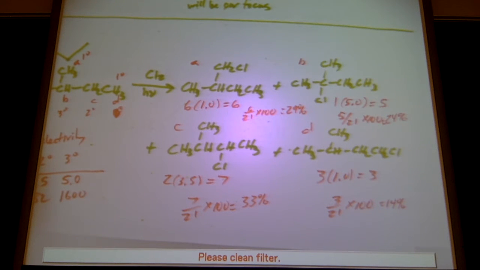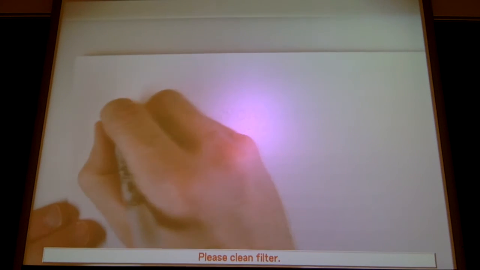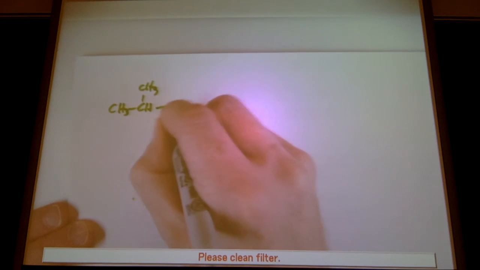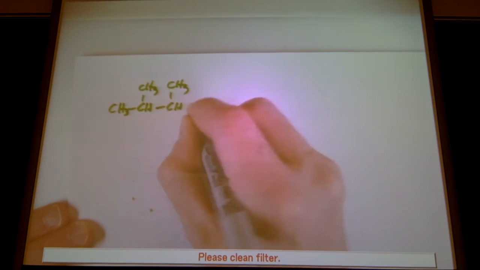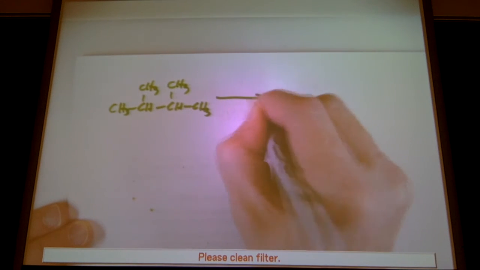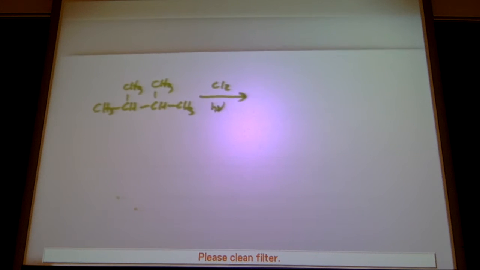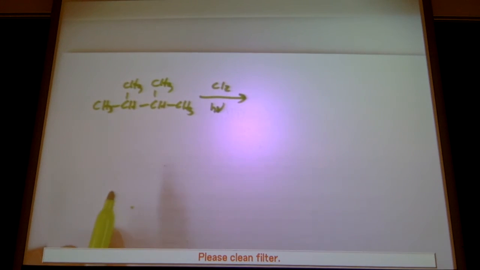It says calculate the product ratio for the chlorination and bromination of 2,3-dimethylbutane. Well, if I look at this one, this is different from the previous one in that in this case, all the methyl groups are equivalent.